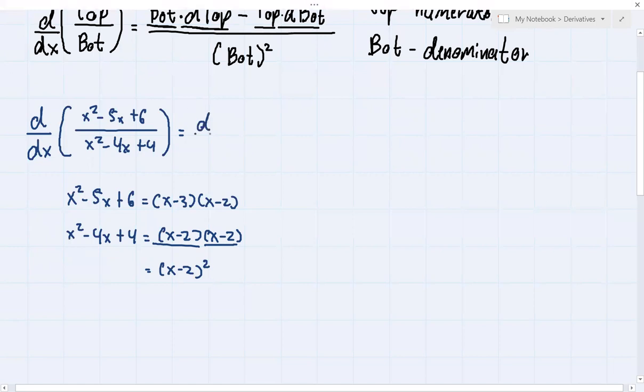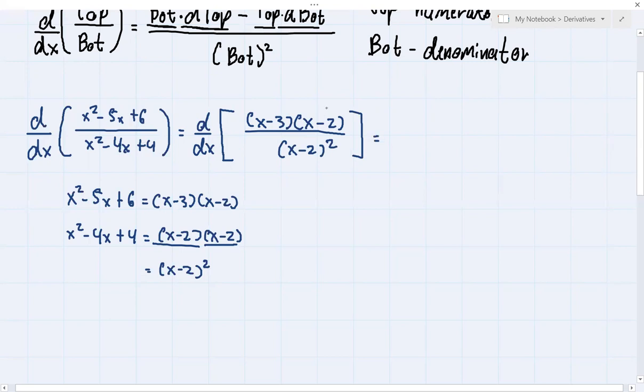So, I can simply rewrite this as the derivative of quantity x minus 3 times quantity x minus 2 all over the square of x minus 2. Okay? Yan. Now, let's simplify. Dito, as you can see, we have x minus 2 sa taas at saka sa baba. So, we can simplify it pa.